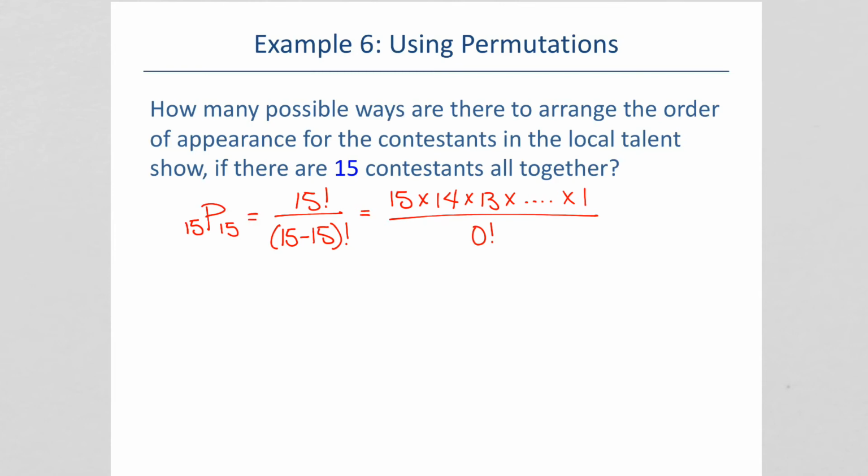You can put in your calculator 15 times 14 times 13 and go ahead and do that. And you get that there are 1,307,674,368,000 possible choices.